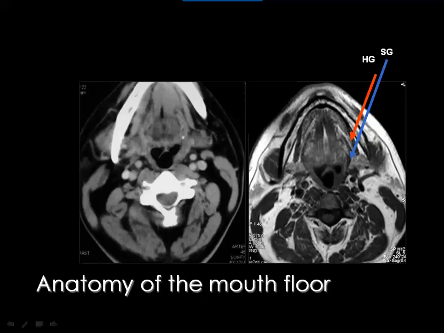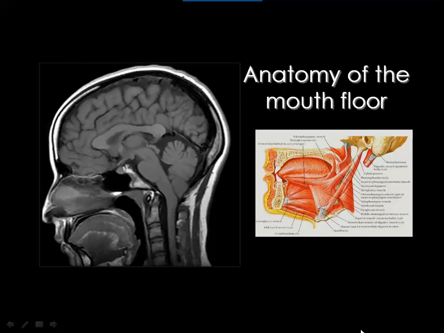And you can remember that hyoglossus is anterior to the styloglossus because the letter H lies in the alphabet before the letter S. Then you know this is the hyoglossus and this is the styloglossus muscle.